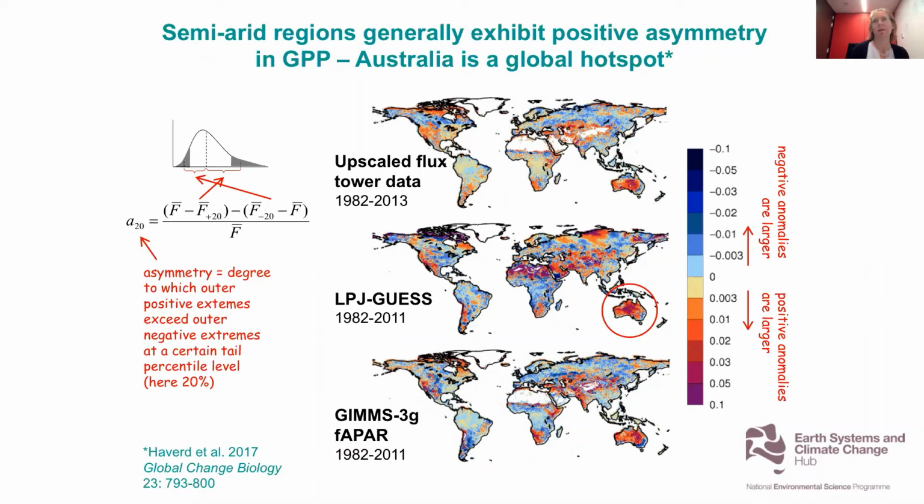And that's partly at least a consequence of the rainfall variability in Australia. So Australia is also a hotspot for rainfall interannual variability.